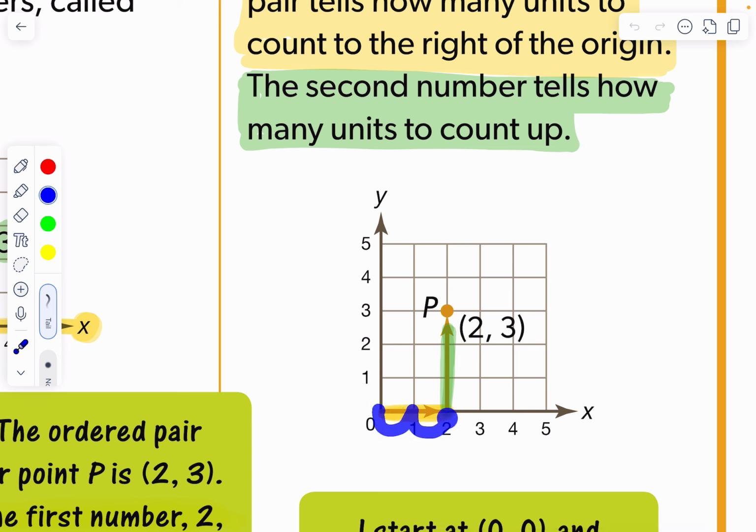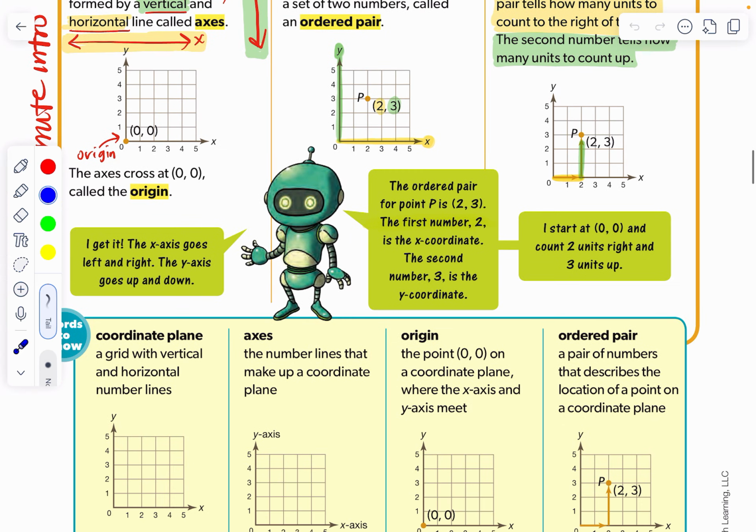That's 1 and that's 2. Awesome. Then it says the second number, which is that 3, tells us how many units to count up. So I've already moved 2 units to the right. Now I'm going to look at the second number, which is the 3, and move 3 units up. 1, 2, 3. That leaves me at point P, which is 2, 3.